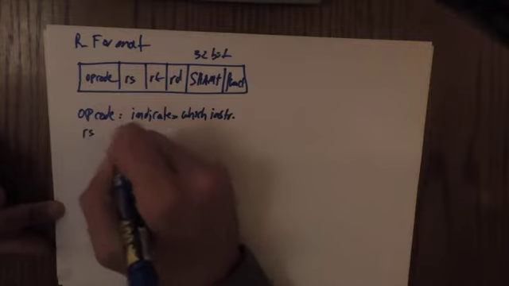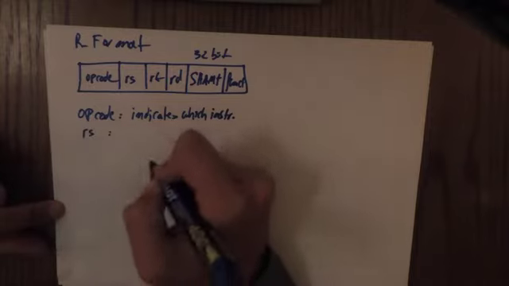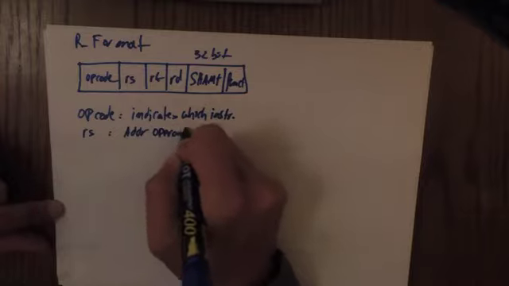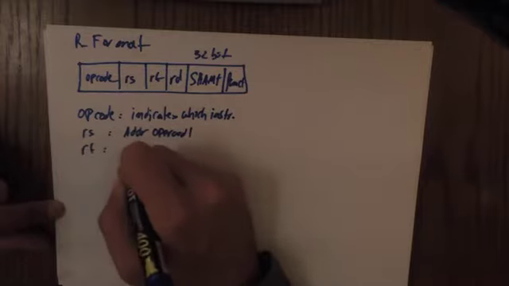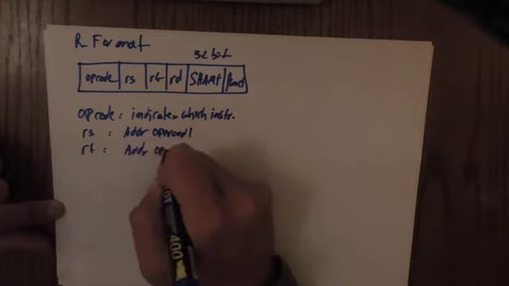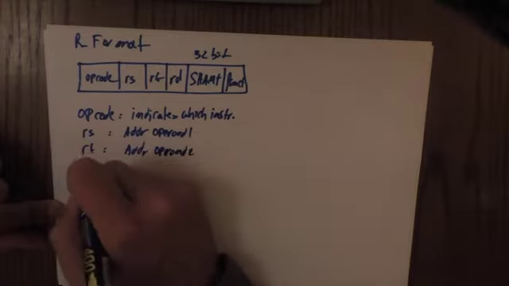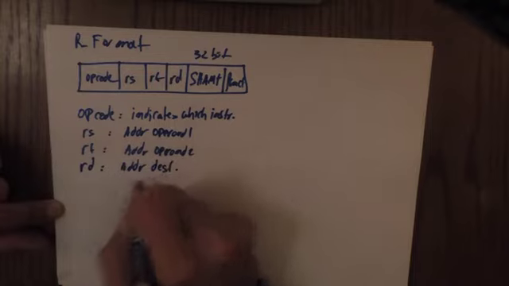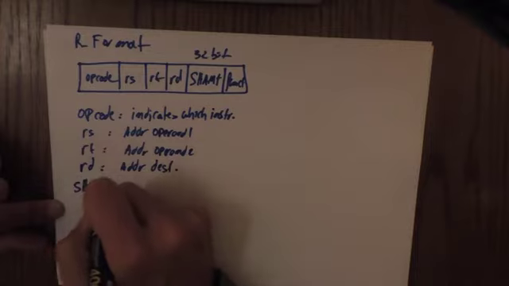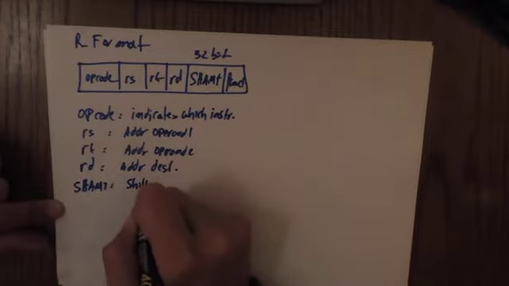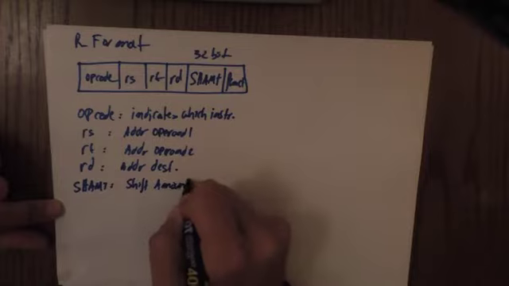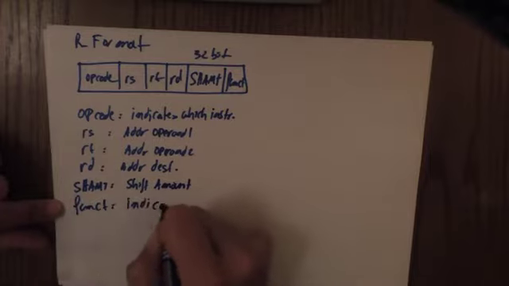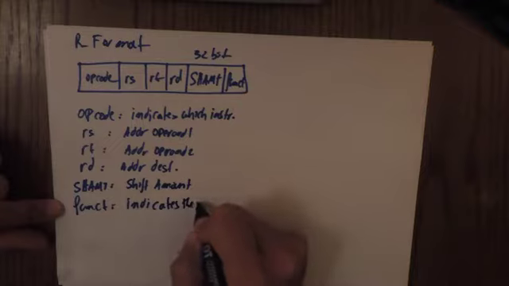We have RS, which is the address of operand 1. We have RT, which is the address of operand 2. RD is the address for the destination. Shamt is used for shifting. It's called shift amount. And function indicates the operation.